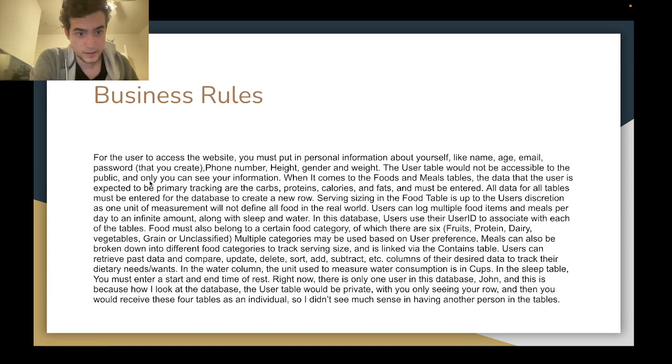So when it comes to food meal, this is going to be describing the contains relationship table. How this table is set up is it has the food ID, which is the food foreign key, and then the meals ID, which is the meals foreign key.